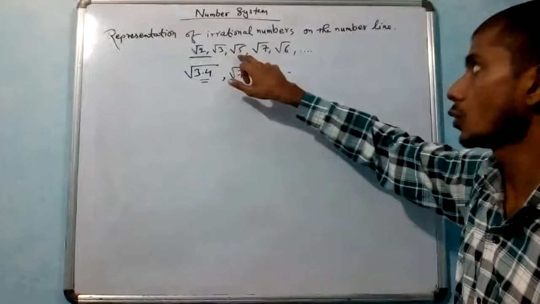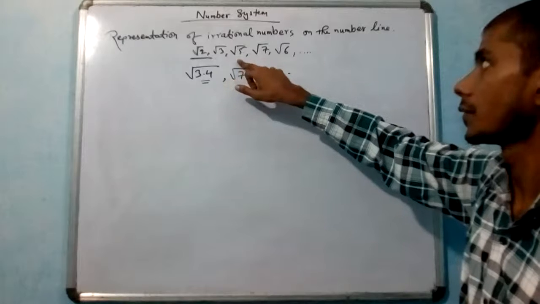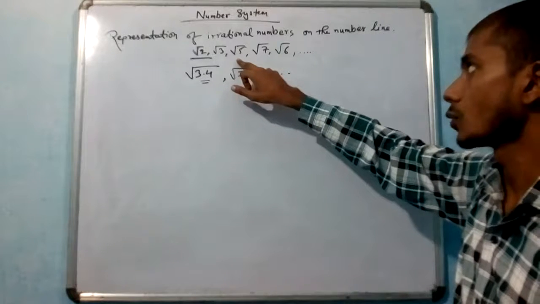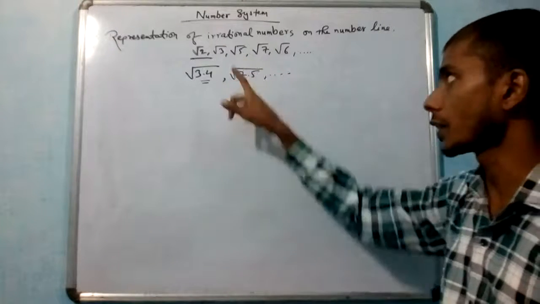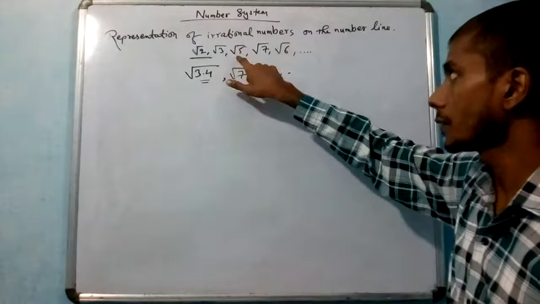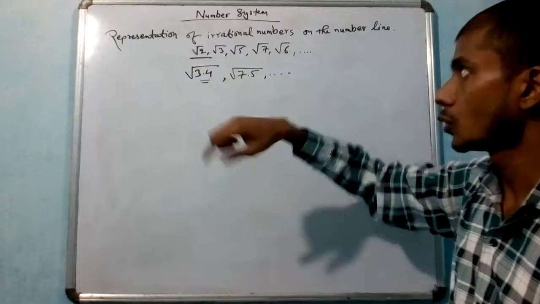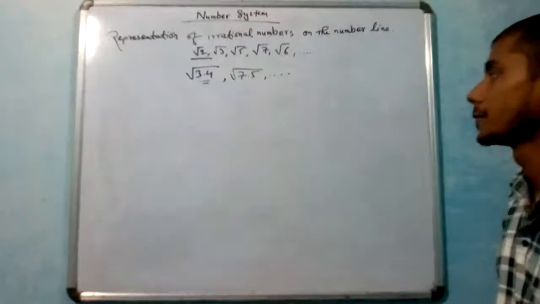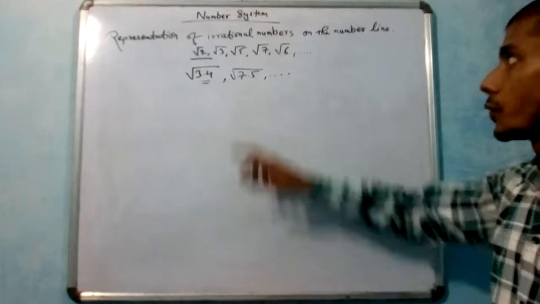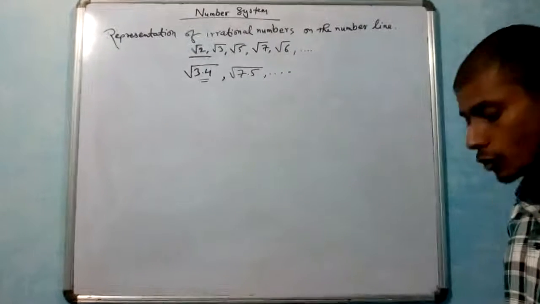No. You have to first show root 5. To show root 5, you need to show root 4.